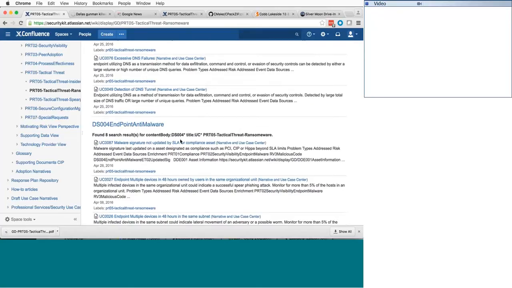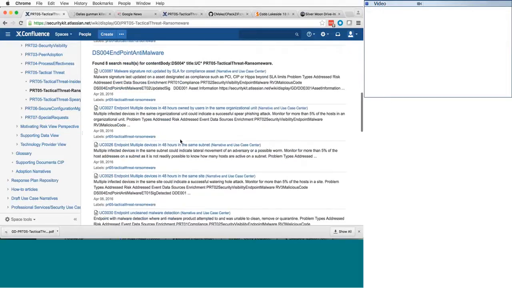Endpoint anti-malware is rumored to have been dead for years, but it's really not. Unfortunately, many organizations don't think proactively about how to take advantage of their logs. They simply use the data reactively. So we start to talk about the approaches for use cases that would help you to take advantage of that most primitive of data sources to limit the spread of ransomware in your environment.